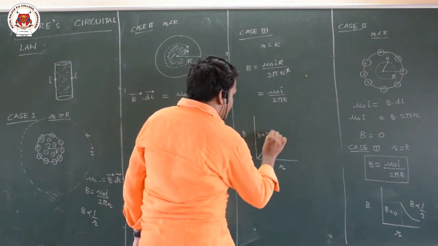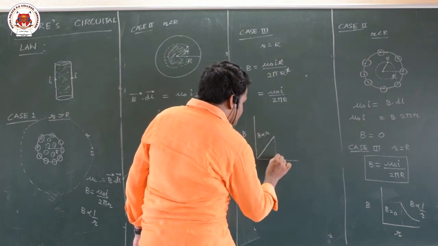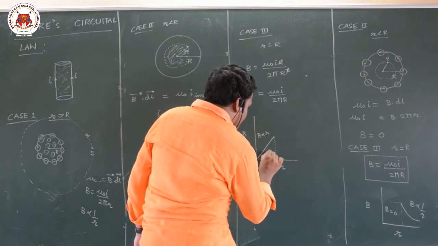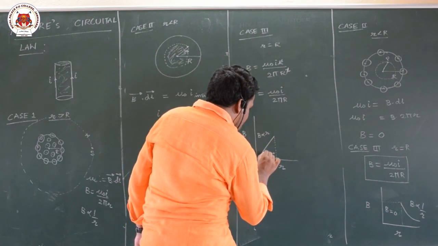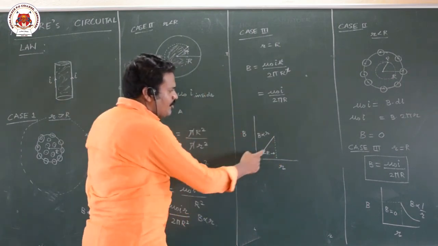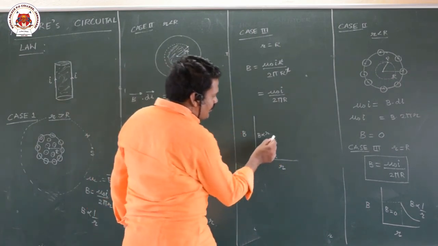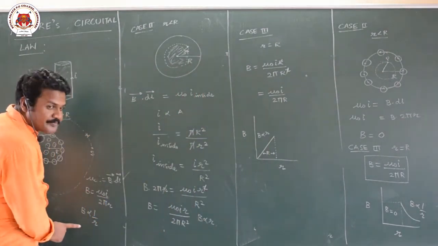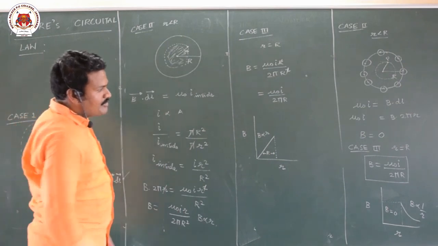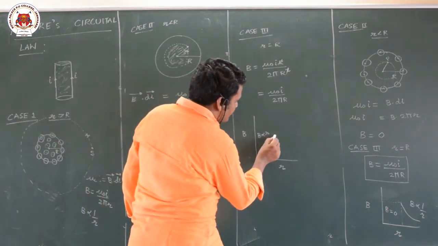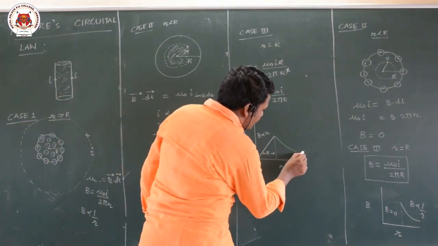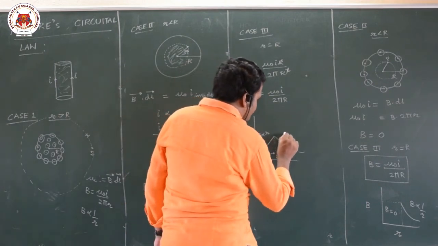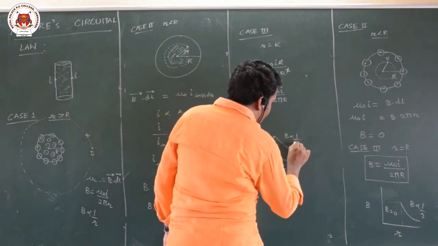Once it reaches the radius, afterwards when you are coming out, B is proportional to 1 by r, like this.